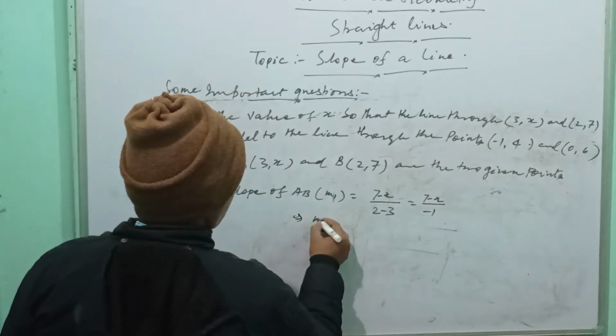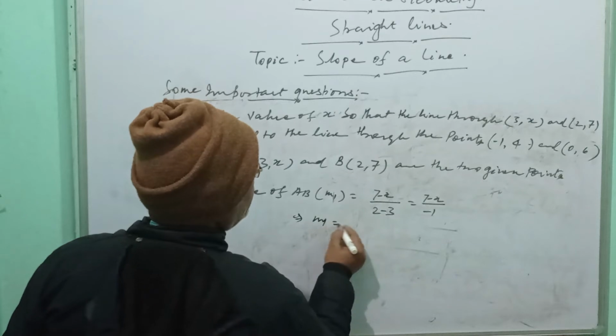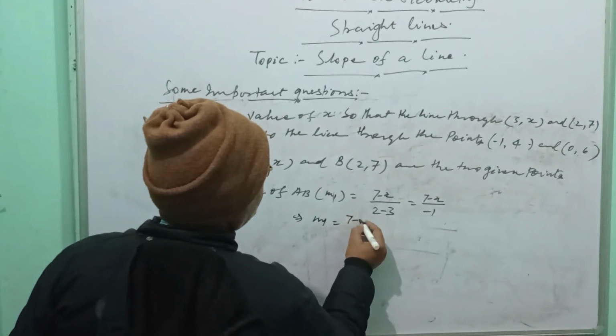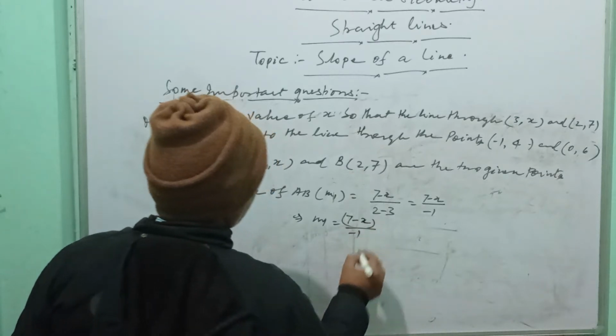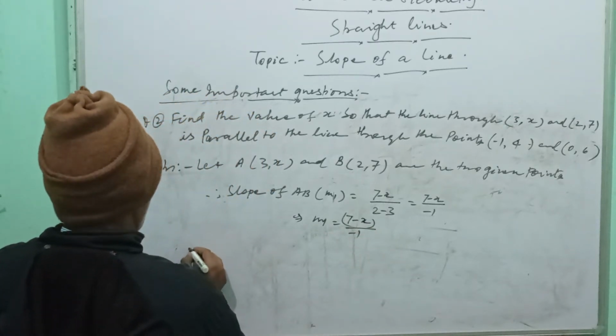This implies M1 is equal to 7 minus x by minus 1.